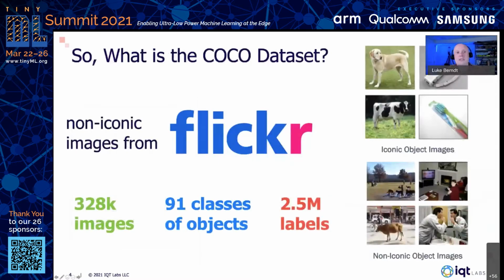And so it might lead to the question of what is the COCO Data Set? It stands for Common Objects in Context. And it's made up of non-iconic images from Flickr of different objects. In the upper right-hand corner, we have some examples of iconic images. And this is just where the object is front and center. There's not much around it. Versus down below is more the target for the COCO Data Set. And these are similar pictures of dogs, but in a more common context.